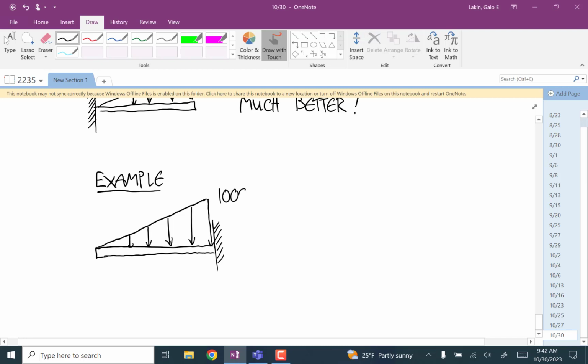Let's say that that's 1,000 newtons per meter at the highest point, and that this is 3 meters. And let's say that this time the mass of the beam, which is 3 meters long, is 50 kilograms.